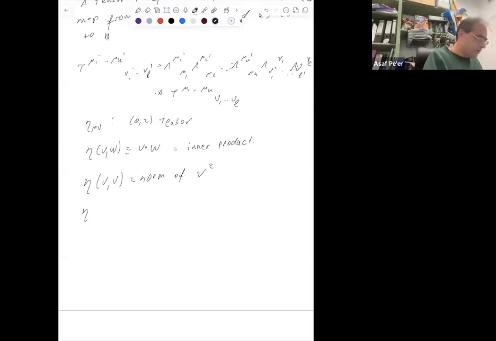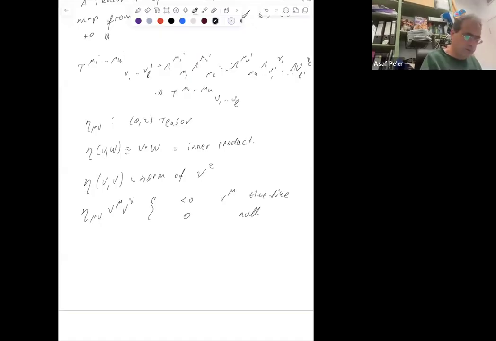And then if eta mu nu v mu v nu is smaller than 0, then we say that v mu is time-like. If it's 0, then we say this is null or light-like. If it's greater than 0, we say it is space-like.